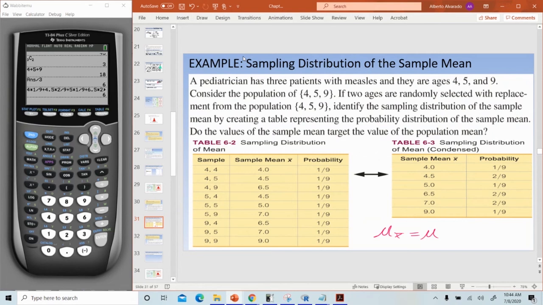The true mean being 4 plus 5 plus 9 divided by 3. So here I have 18 over 3, which is 6. Okay, so that's 6.